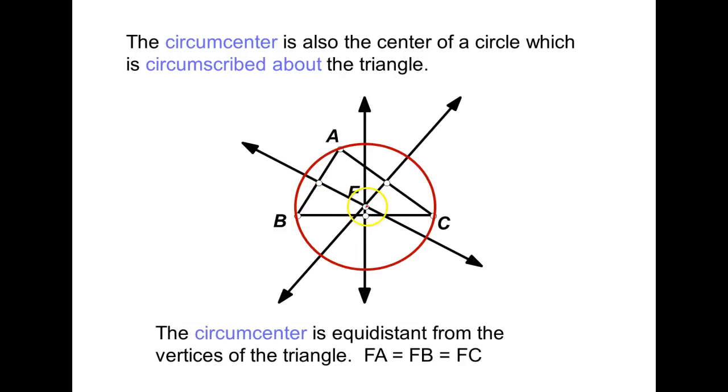Since F is the center of the red circle here, if I were to draw a radius to each of the vertices of my triangle, they would all be the same, because no matter where you draw a radius in a circle, it's the same length. So we would say the circumcenter is equidistant from the vertices of a triangle.